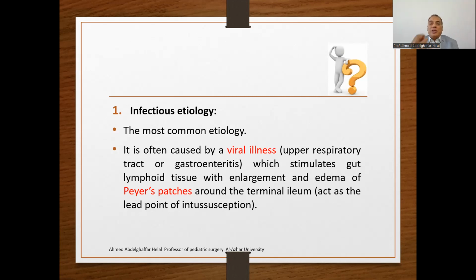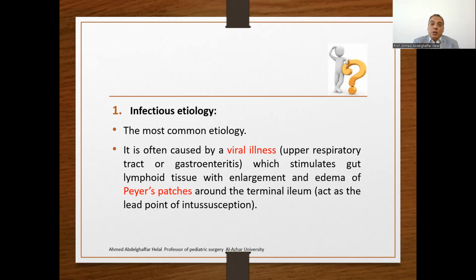This enlarged lymphoid tissue in the gut may act as the leading or starting point for intussusception to occur. So one explanation is a viral infection and viremia, like upper respiratory infection or gastroenteritis.